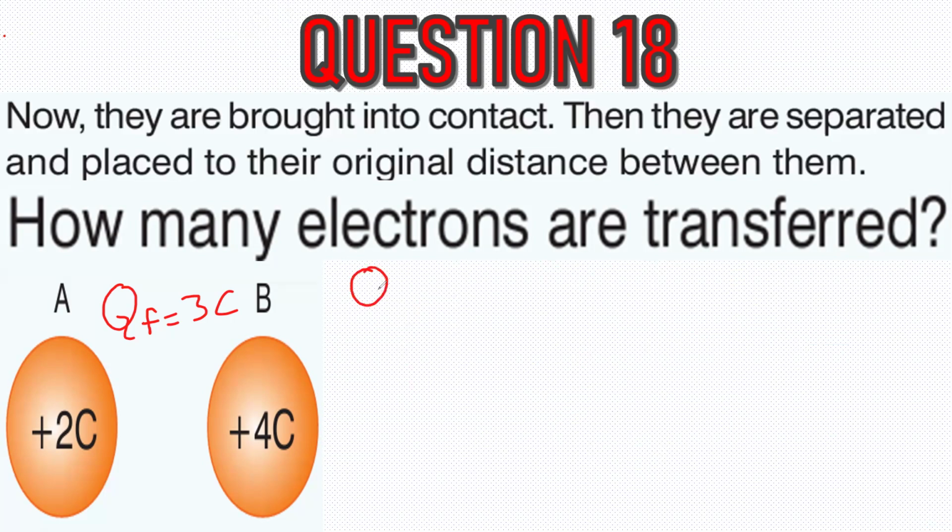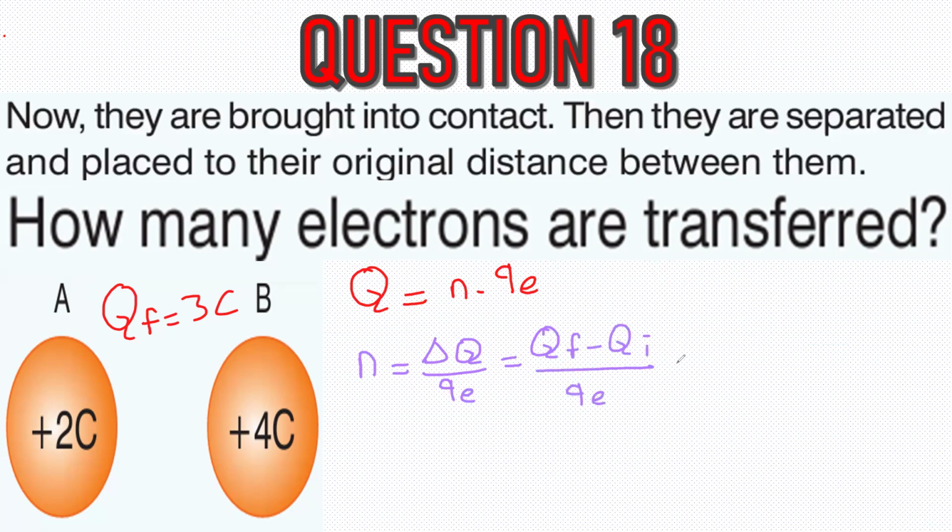So this is our formula: charge equals N times QE. The number of electrons, N, equals delta Q over QE. We use delta Q, Q final minus Q initial, over QE. Q final is 3 coulombs, 3 minus Q initial, let's use 2, we said we can use A or B, over 1.6 times 10 to the power of minus 19.